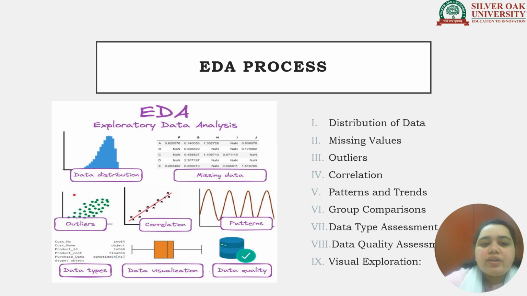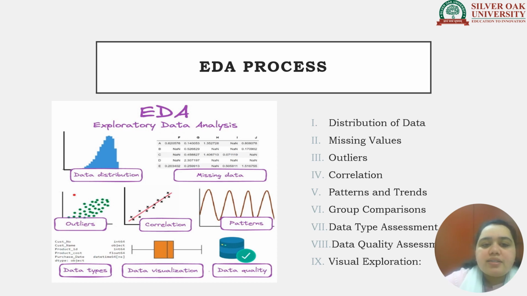The next we have is correlations. Analyzing correlations between variables using correlation coefficient and scatter plots to identify relationships and potential dependencies. The next we have is patterns and trends.